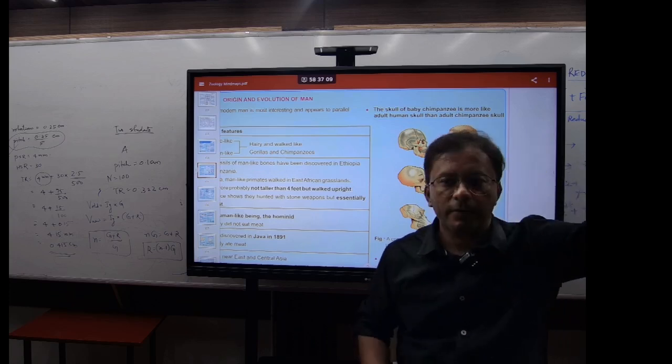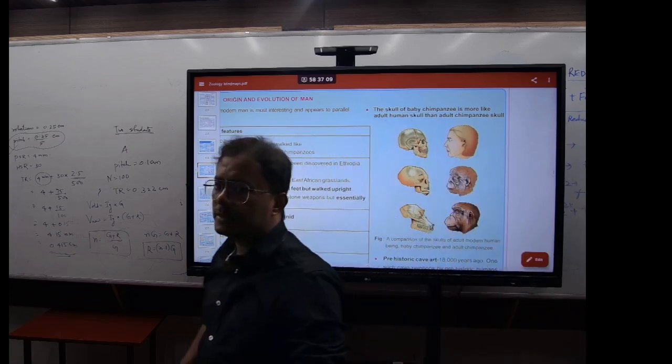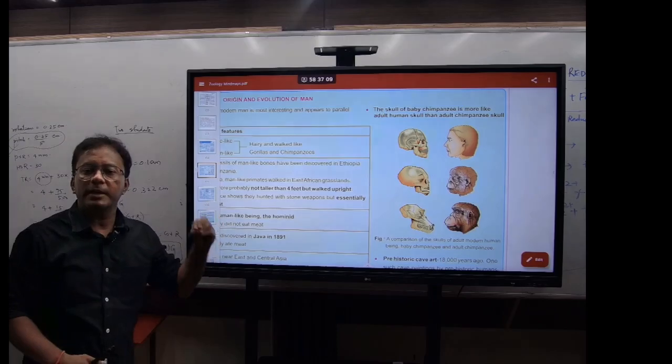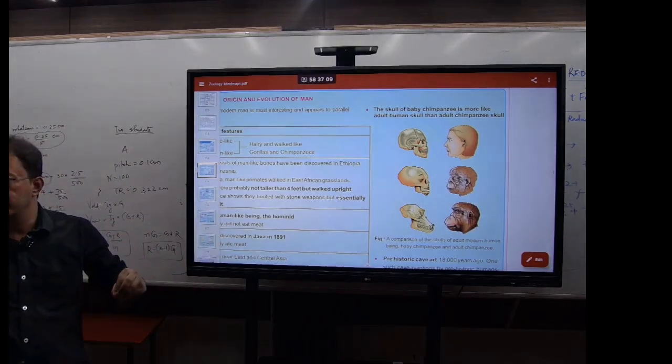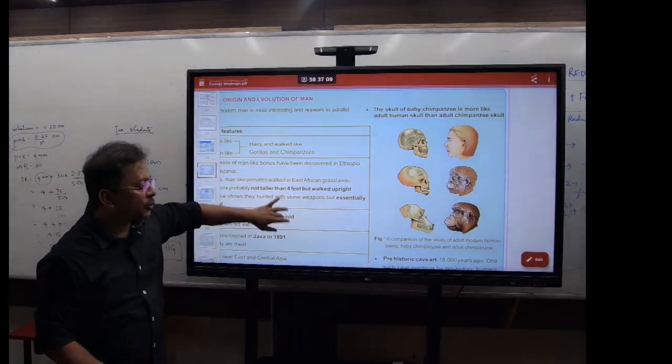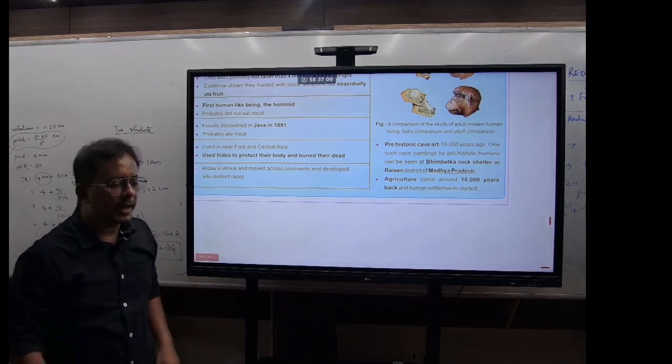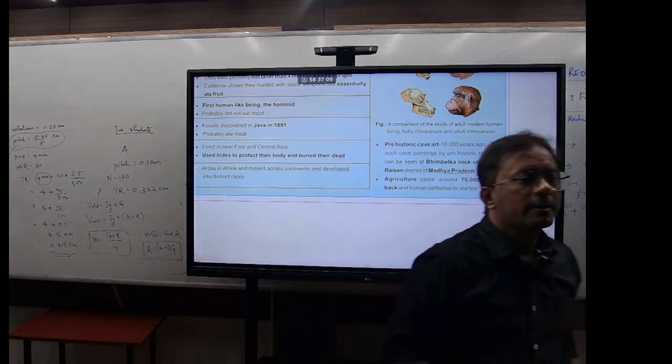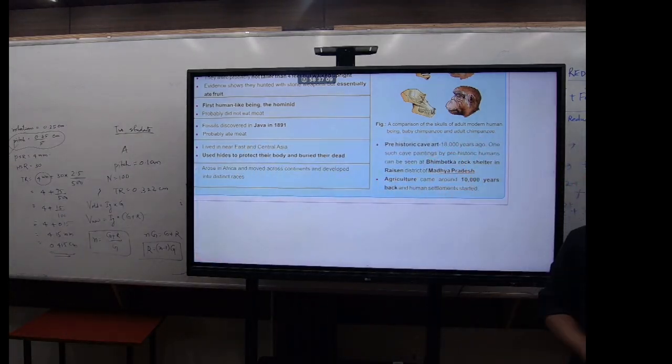Okay, so we have crystal clear evidences to suggest that we have actually evolved from some species called the Dryopithecus and Ramapithecus. And we can find some of these evidences by learning about the prehistoric cave art, which was around 18,000 years old.